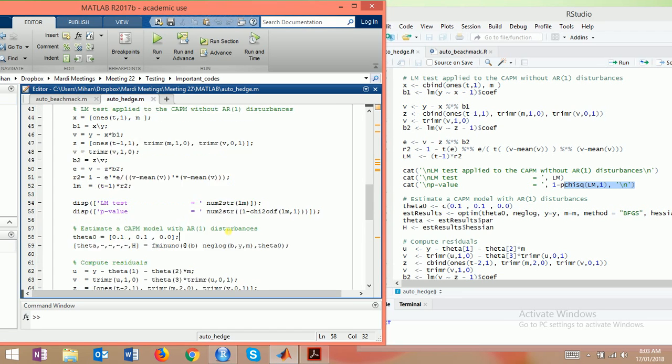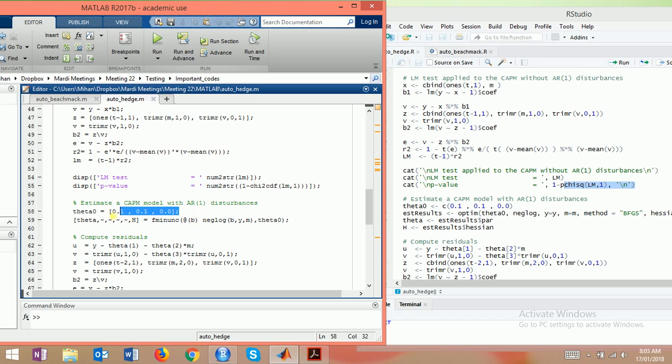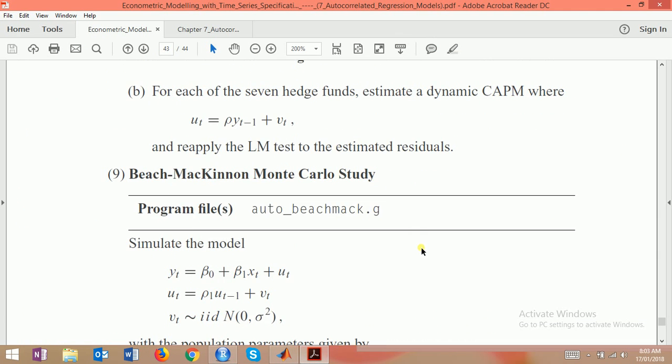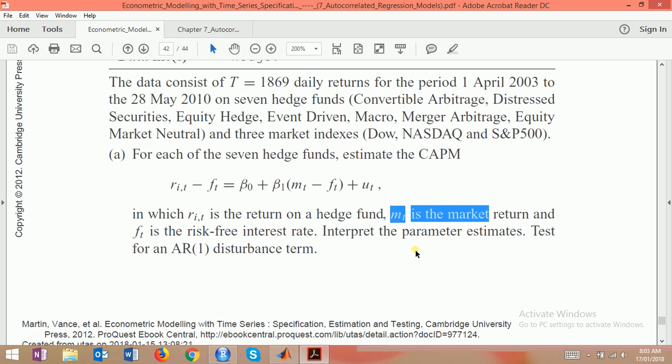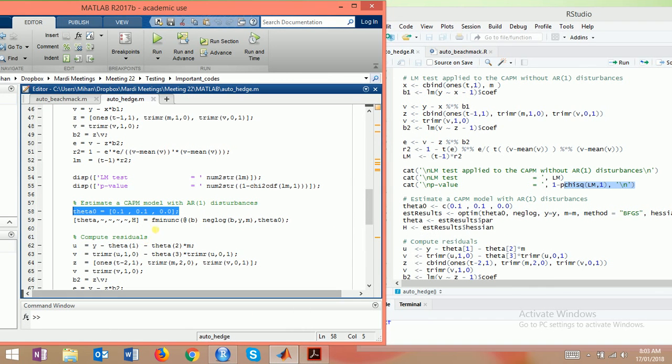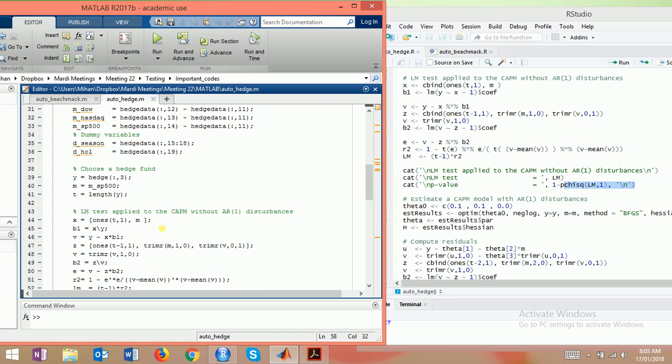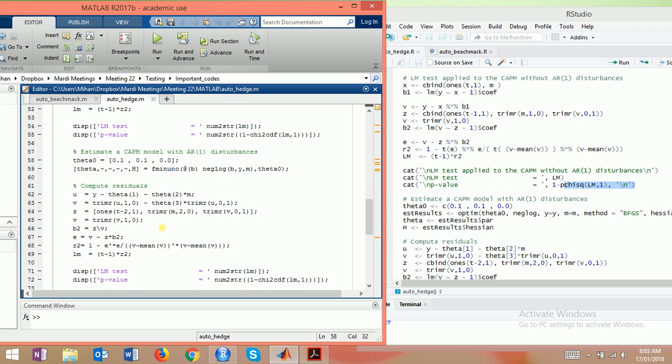With AR1 estimated CAPM model, without AR1, and with AR1 we have theta naught given to you. What are the theta naught parameters? Have we estimated the theta naught parameters? Probably not, we are just assuming. Okay, fine.